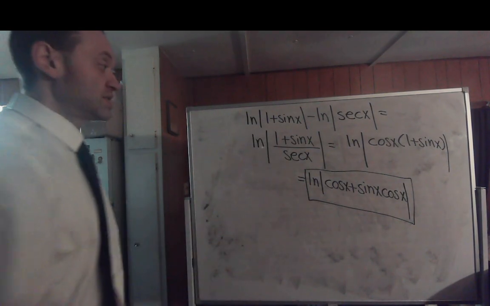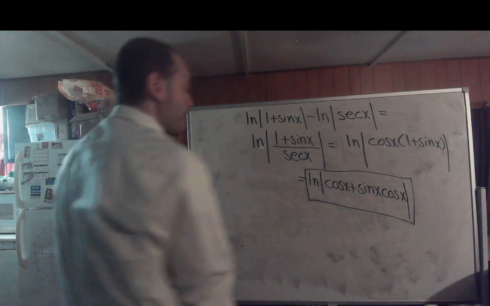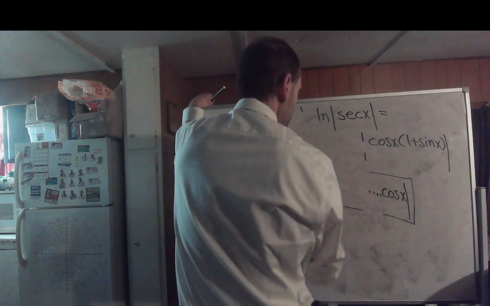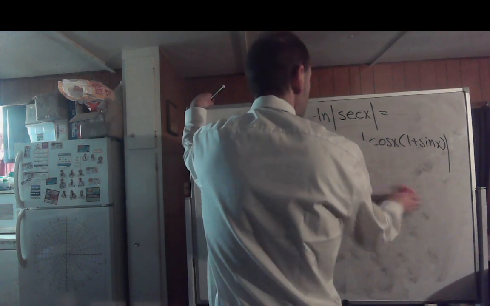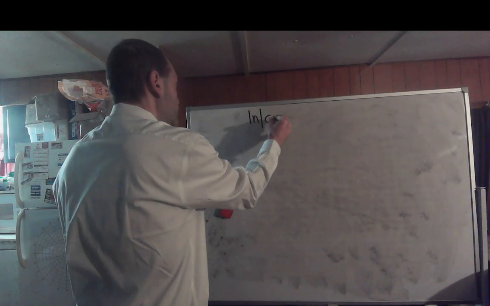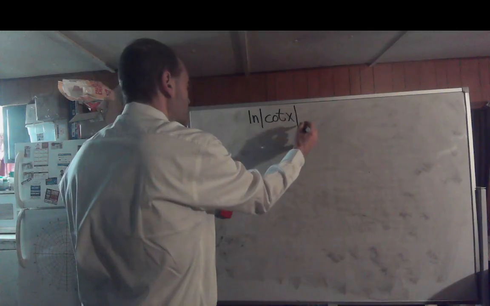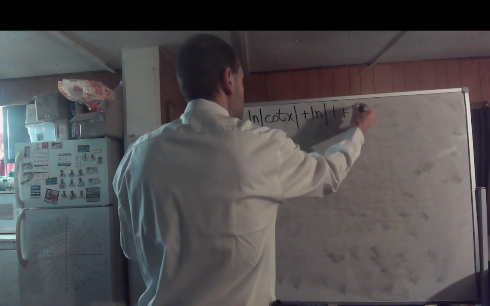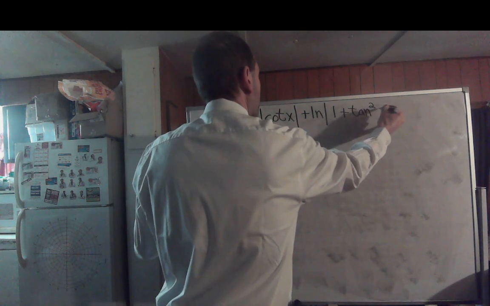And then we got just one more. We have the natural log of the cotangent of x plus the natural log of 1 plus tangent squared of x.